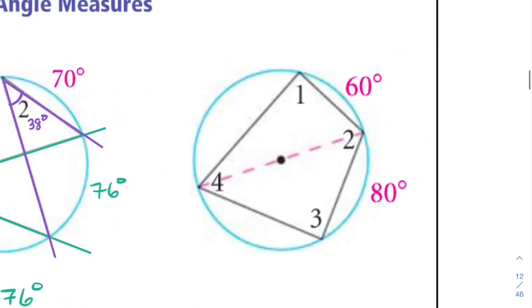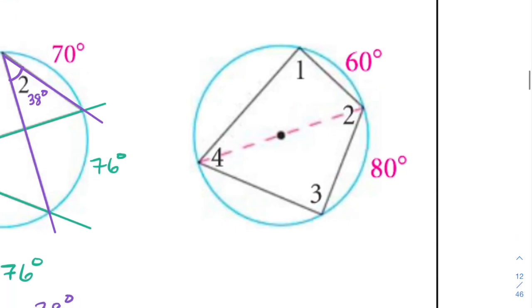All right. This is really cool. Not only is this an inscribed quadrilateral, which we know has opposite angles that add up to 180 degrees, but it also looks like there's a diameter here.